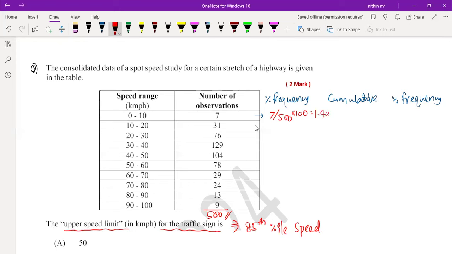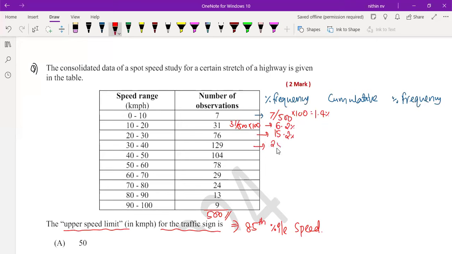Similarly, second one will be 31. Here I am writing 31 by 500 into 100. You are going to get 6.2 percentage. Similarly, 76 by 500 into 100, you are going to get 15.2 percentage. So just so on we can do.